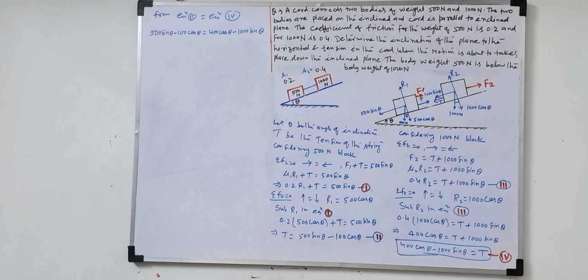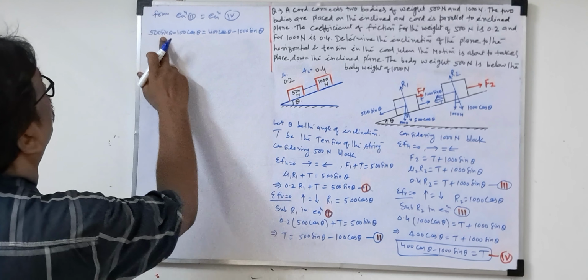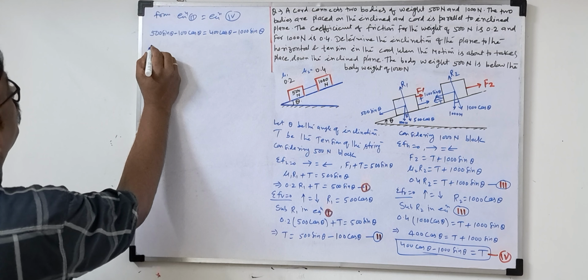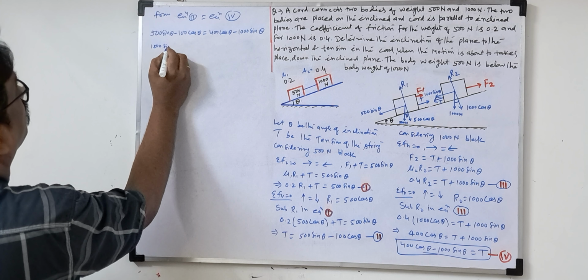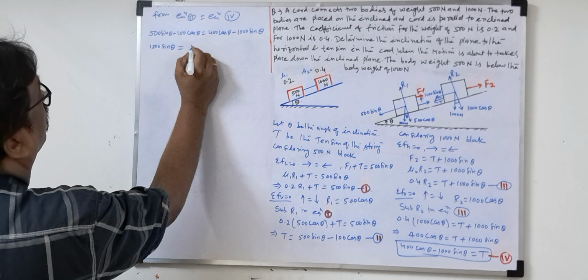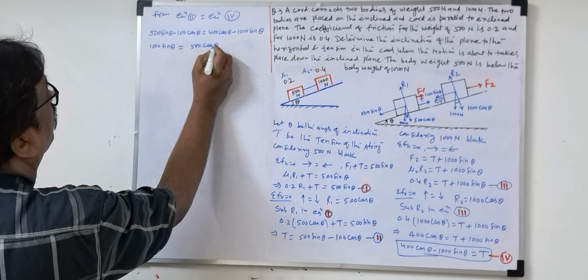Now we'll bring the same terms together. Sine terms go to one side: it will come 1500 sine theta, and the minus goes to the other side as plus 500 cos theta.